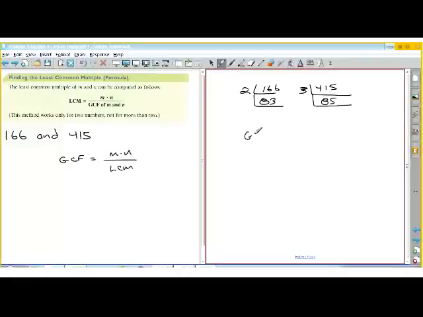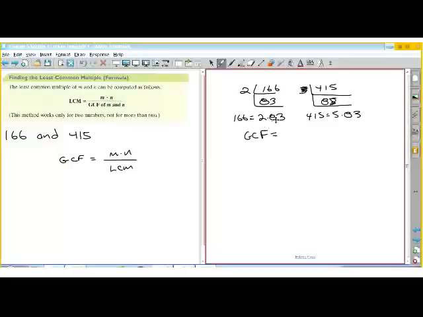So the prime factorization of 166 is equal to 2 times 83, and 415 is equal to 5 times 83.